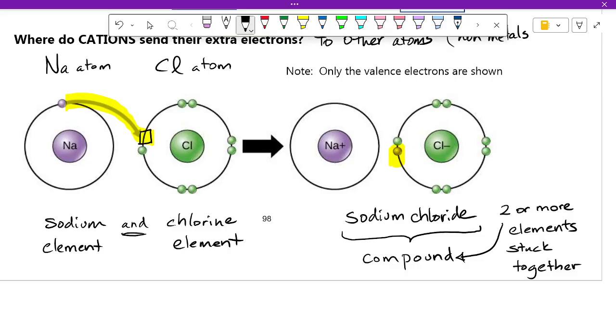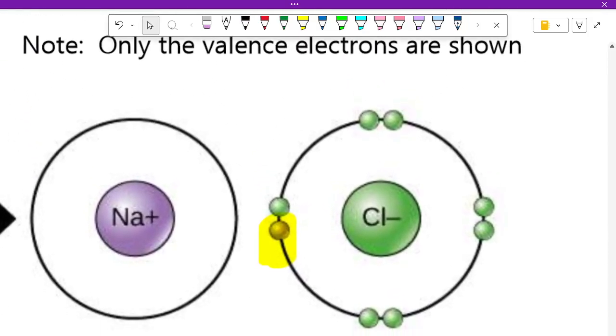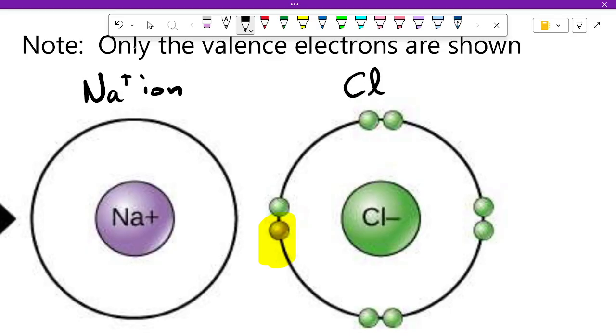Can you think why this sodium ion and this chloride ion stick to each other?